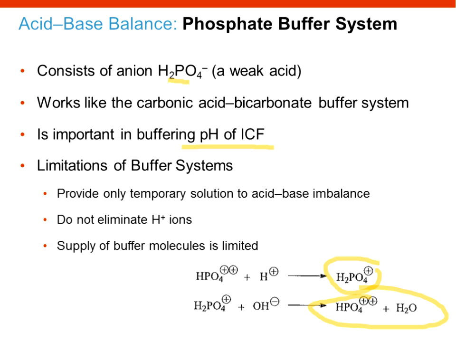And it's important in our intracellular fluid because we have a lot of phosphate ions. Phosphate being the backbone of DNA and RNA, and important that it binds and becomes part of ADP to ATP, AMP to ADP, GTP, GMP, UTP, UMP, and all those nucleic acids that can form phosphate. It's a temporary solution because while it's buffering the hydrogen inside the cell, neither molecule is going anywhere.